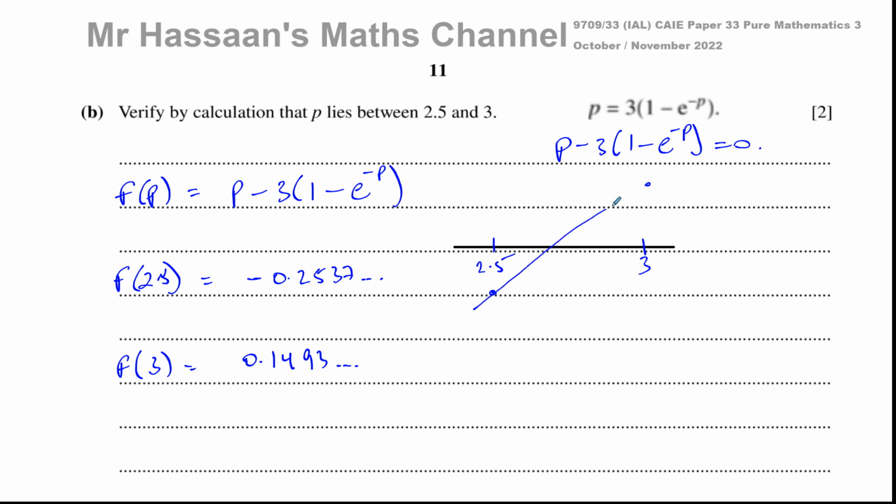So somewhere between 2.5 and 3, it must have crossed through the x-axis. It is a continuous function. It's not like there's an asymptote or something in between.